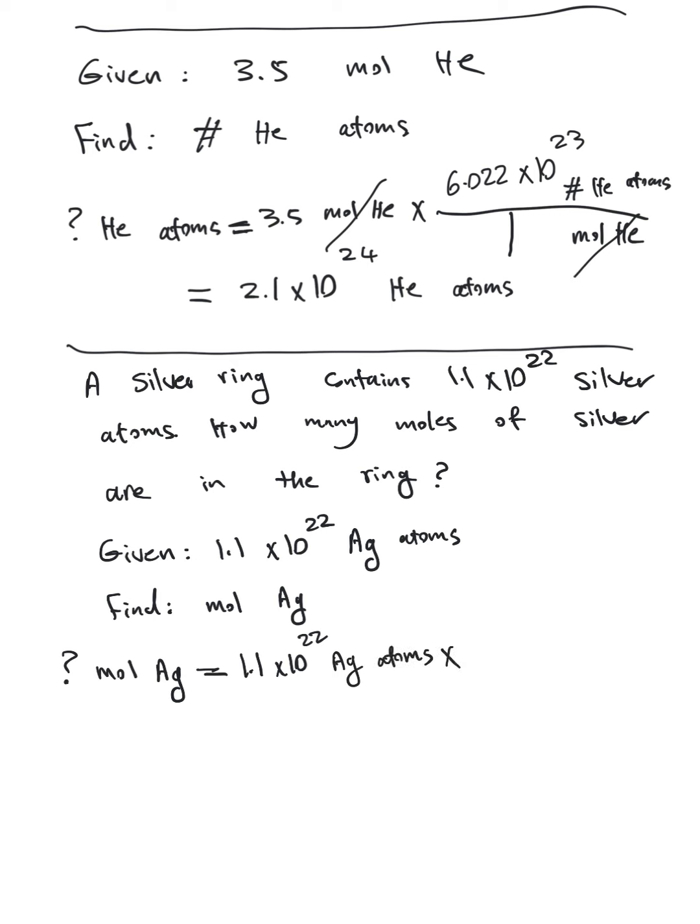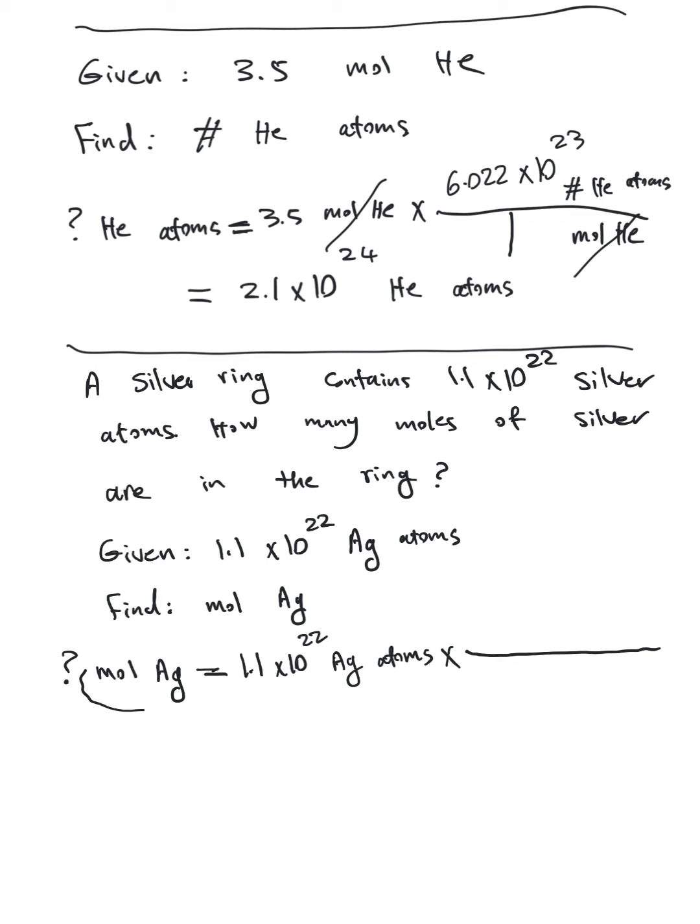So till now I just wrote whatever I was given in the problem statement. I didn't solve the problem yet, but it's important to know how to write this so that you can find the answer easier. So here I write a conversion factor.